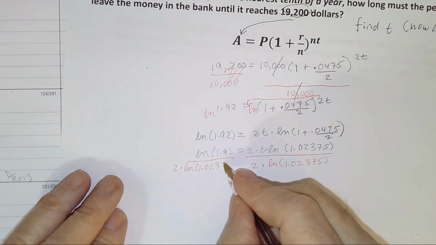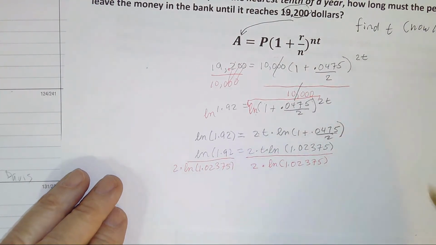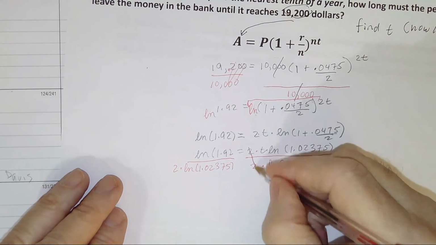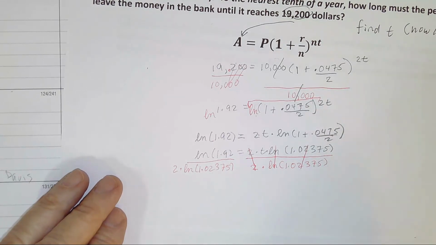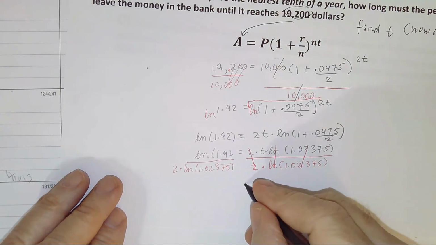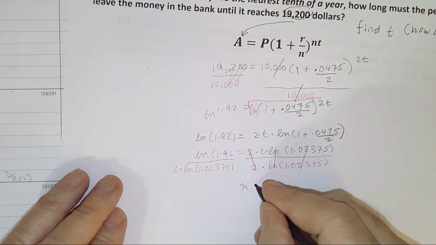All right, so this 2 and 2 cancel, natural logs cancel, this cancels, and I'm left with t now. So this all is t, and we're going to get an approximate answer.